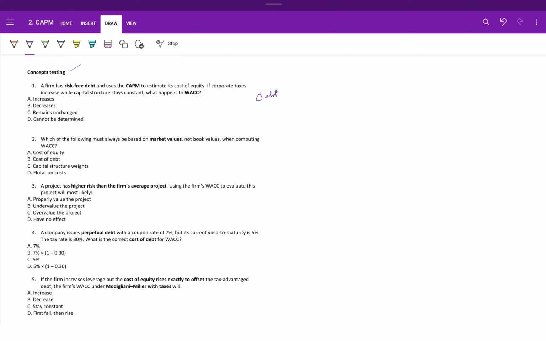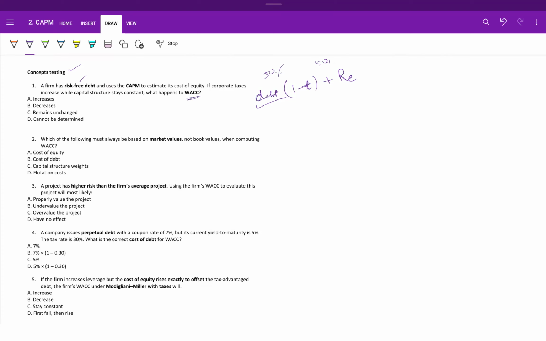Even though the debt is risk free, there is going to be a tax shield, and then there is the cost of equity. If taxes increase while the capital structure remains constant, let's assume it's 50-50%, what will happen to the weighted average cost of capital?